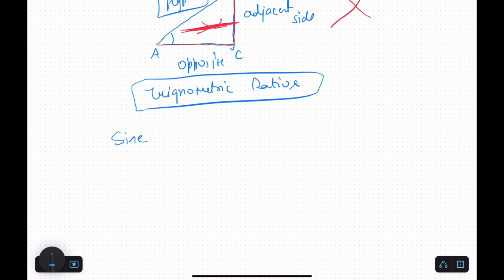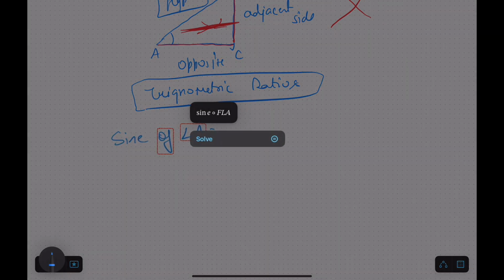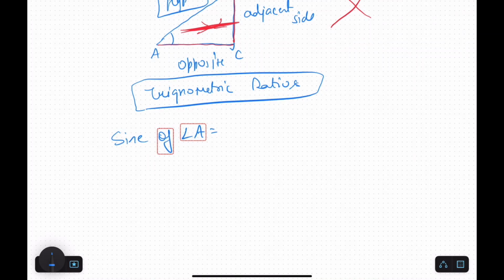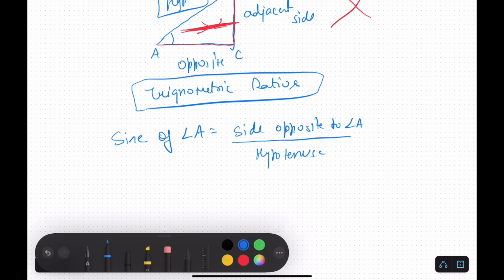So sine of A actually tells you side opposite to angle A upon hypotenuse. What is this? I didn't understand it.